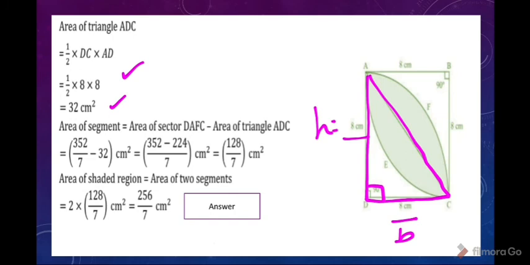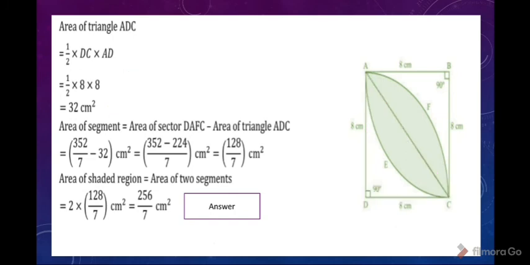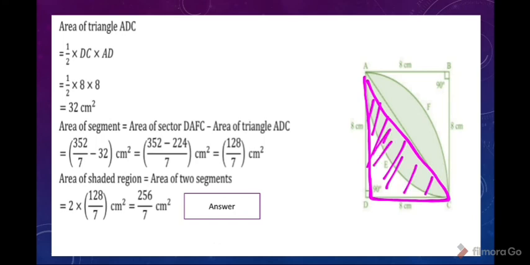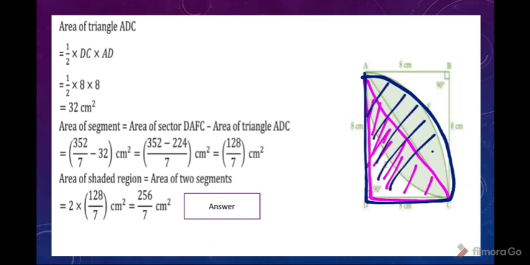Okay, now if you subtract the area of this triangle from the area of the sector ADFC, if you subtract the pink portion from the blue portion, you will get the area of this segment, this portion.